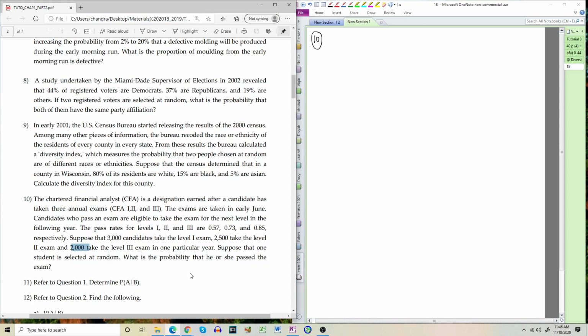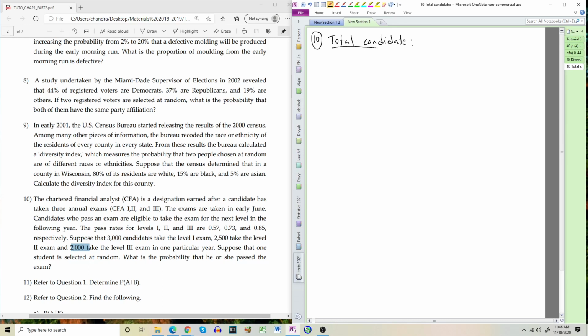So the total candidates who sit for that one particular year is this total.